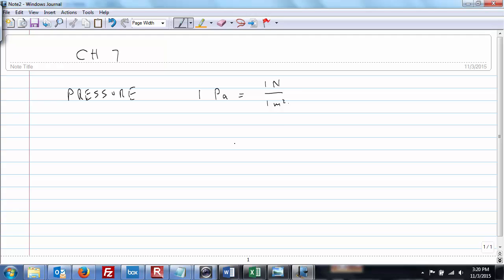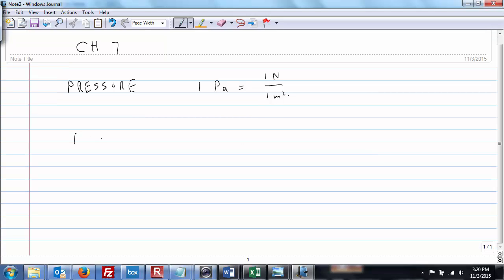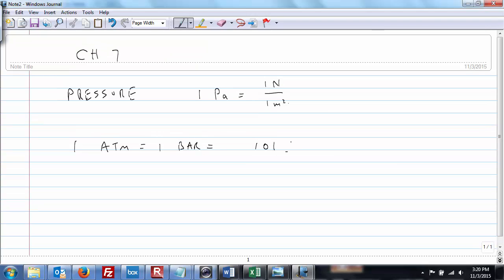And 1 atmosphere also equals 1 bar equals 101 kilopascals. What that means is that there are 101,000 newtons per square meter of pressure.